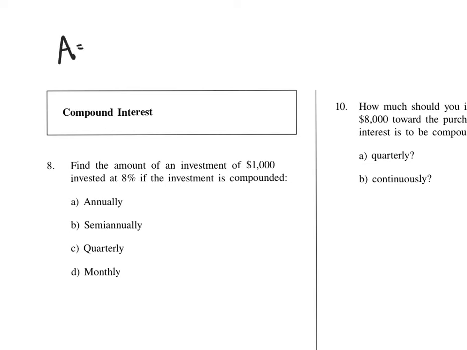A, which again is the ending balance or the future value of the money, will be equal to the principal P times 1 plus the rate R over this new variable called N, which is the number of compounds per year. All of that will be raised to the number of compounds N times T, time in years again.